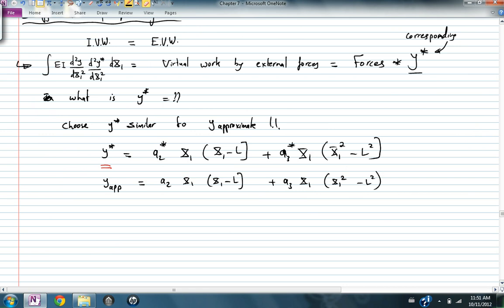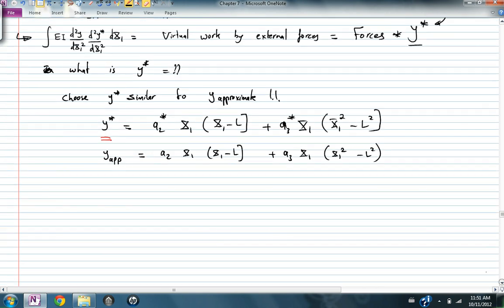Now in the equations, I've got all these d2y. I have to find the second derivative of these.